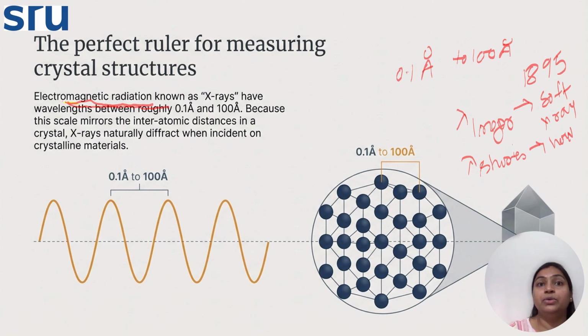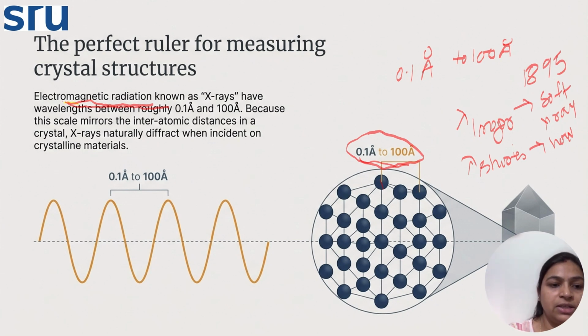Now, why do we use X-ray? Because of the scale: the interatomic distance in a crystal is basically in the range of 0.1 angstrom to 100 angstrom. This is the atomic structure, and the interatomic distance between two atoms is roughly this, and X-rays naturally diffract when incident on the crystal material.